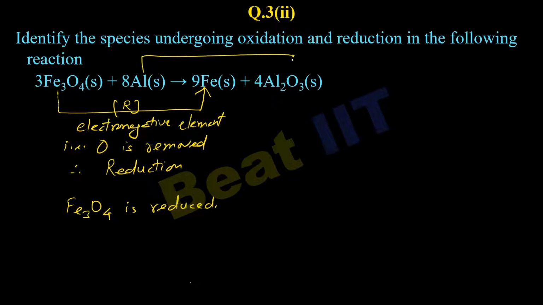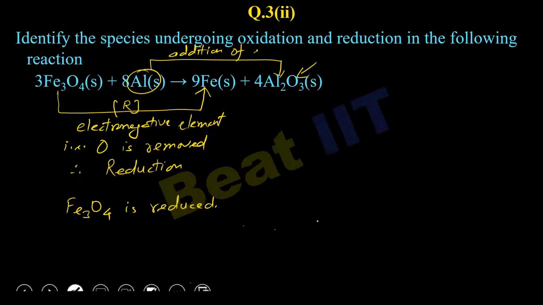Now consider this one, aluminium to aluminium oxide. In elemental form, here you have aluminium and here oxygen is attached to aluminium. So actually it is addition of electronegative element.